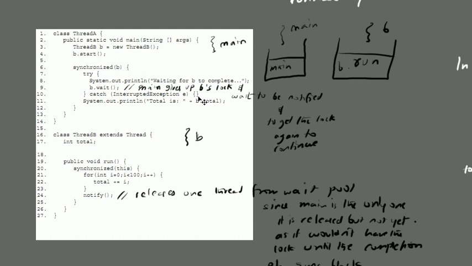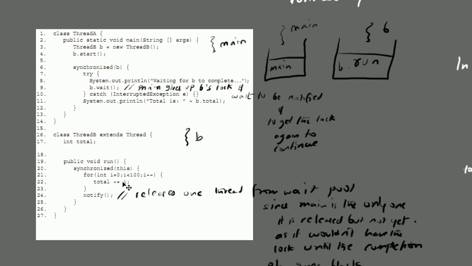So once it gives up the lock, then this thread would come in, and say for example, if main were right here, then B would be blocked here because main still has a lock of B, and this would be waiting for B's lock. But when main executes wait, it gives up the lock, which is available for B to pick up.